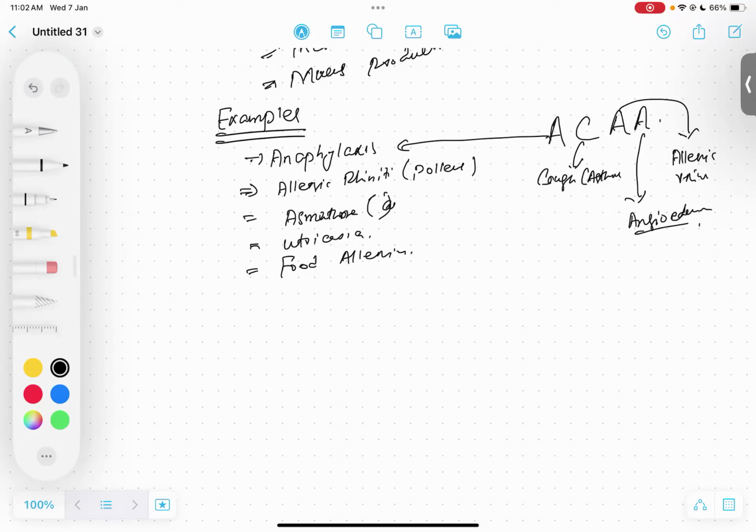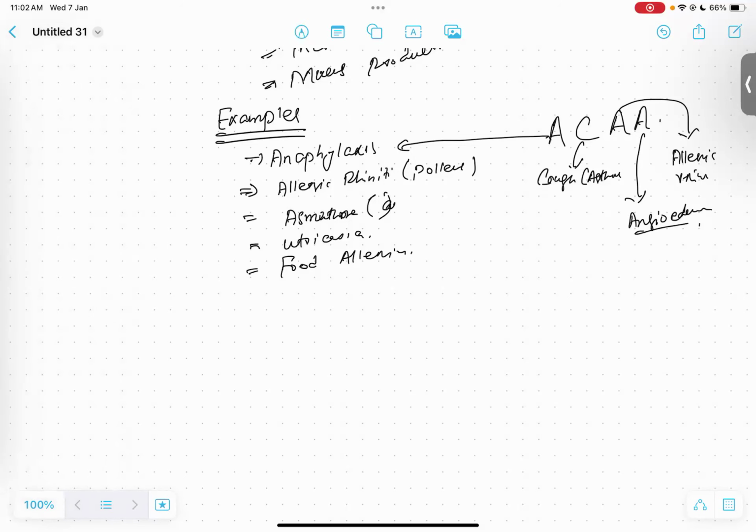So this is called type 1 type of hypersensitivity reaction.